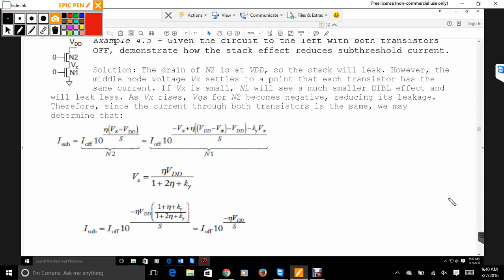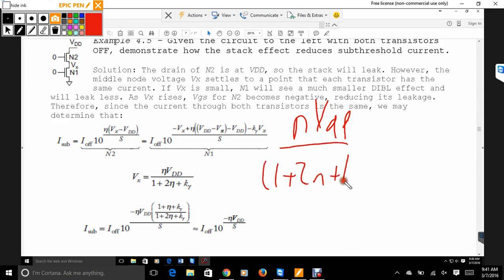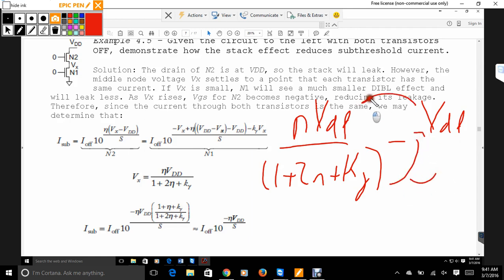Because if you put in N VDD over 1 plus 2N body coefficient minus VDD, then you just put these in the numerator or denominator, you subtract, and you get that. And you pull VDD out, and then that's approximately equal to that.